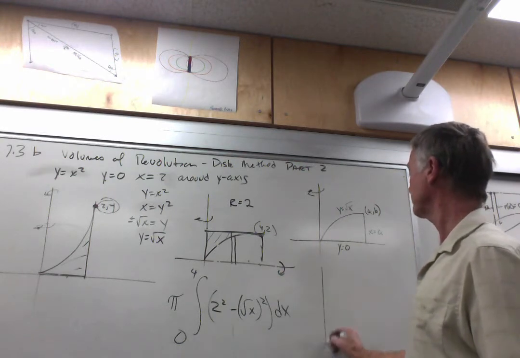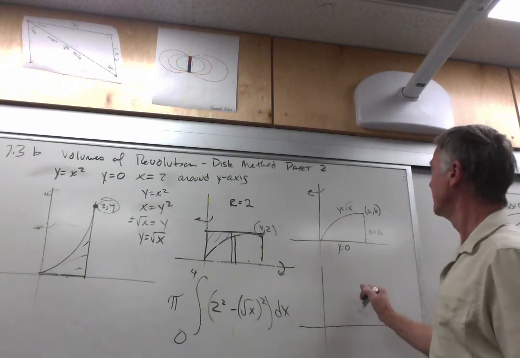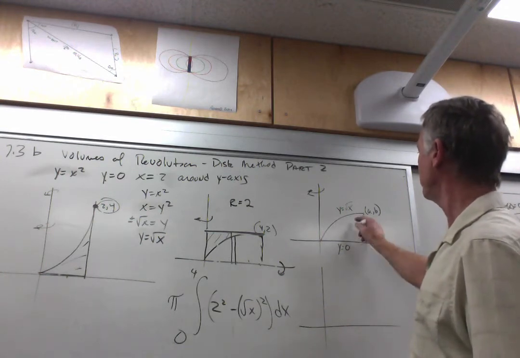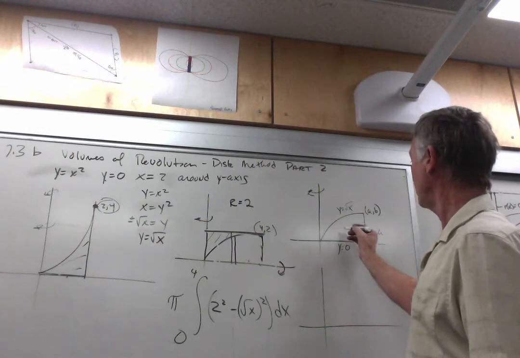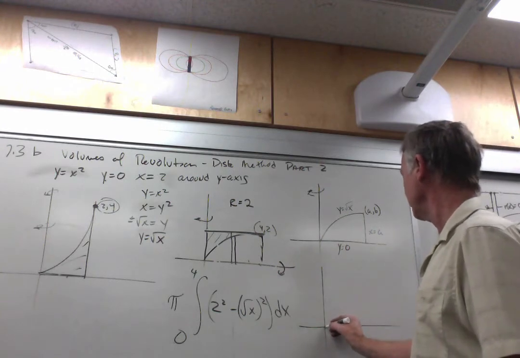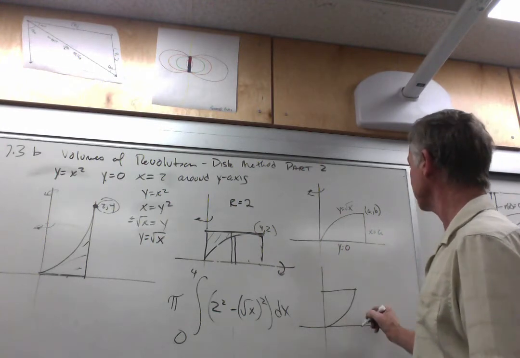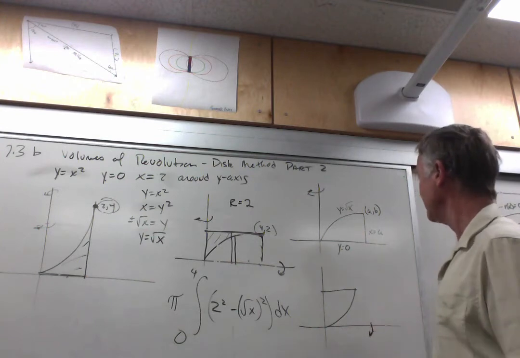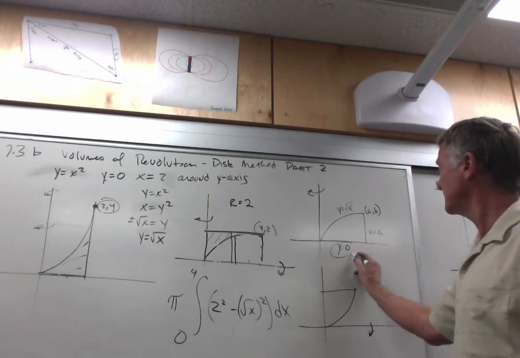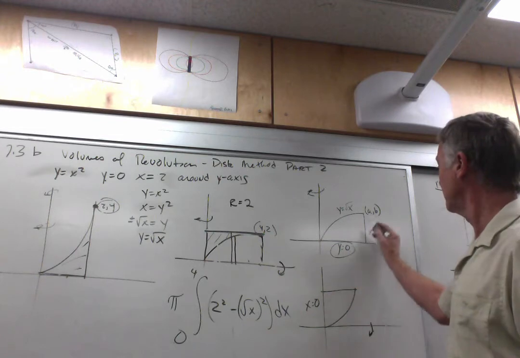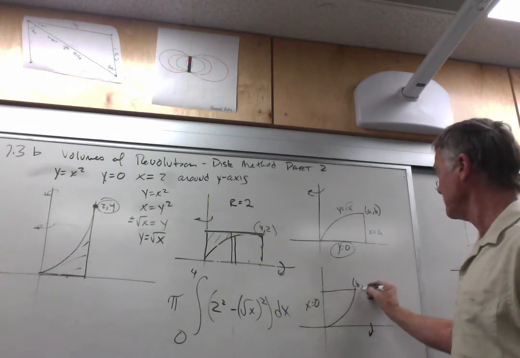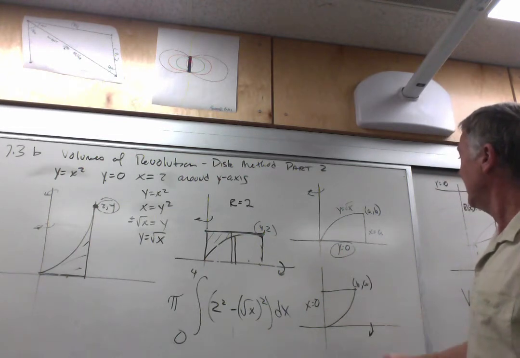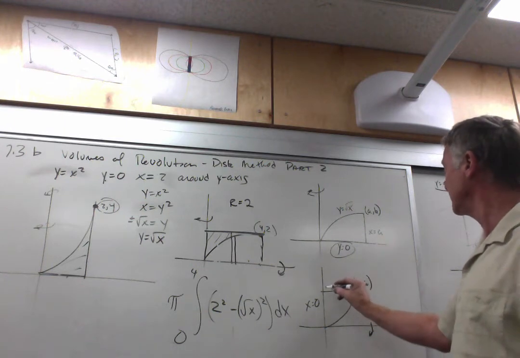What we're going to do is redraw this picture, essentially, where we're going to think about this shape being revolved around the x-axis. And so it would be a shape that would look like this around the x-axis. This y0 becomes x0. This point AB becomes b comma a. This is y is equal to a.